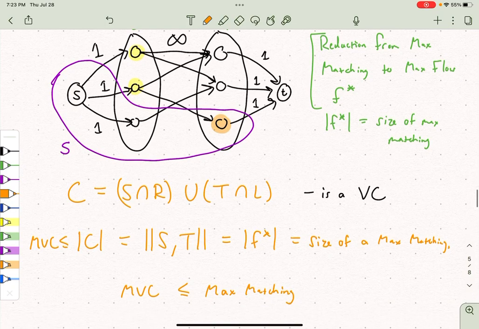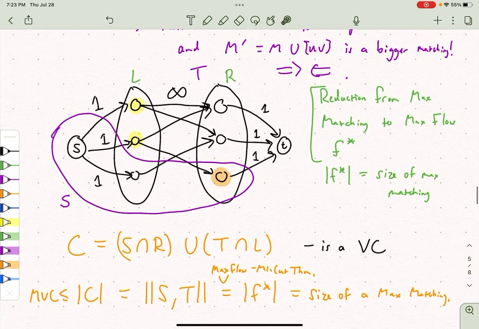And also, just to remind you, this is because of the max flow min cut theorem. So just like in the last proof, one direction was easy and the other direction needed the max flow min cut theorem. So let's now prove that this is indeed a vertex cover.